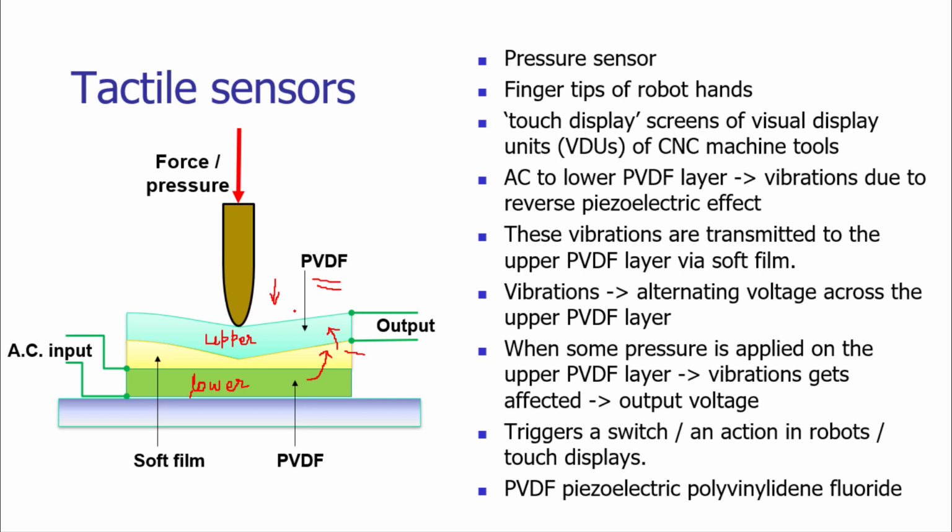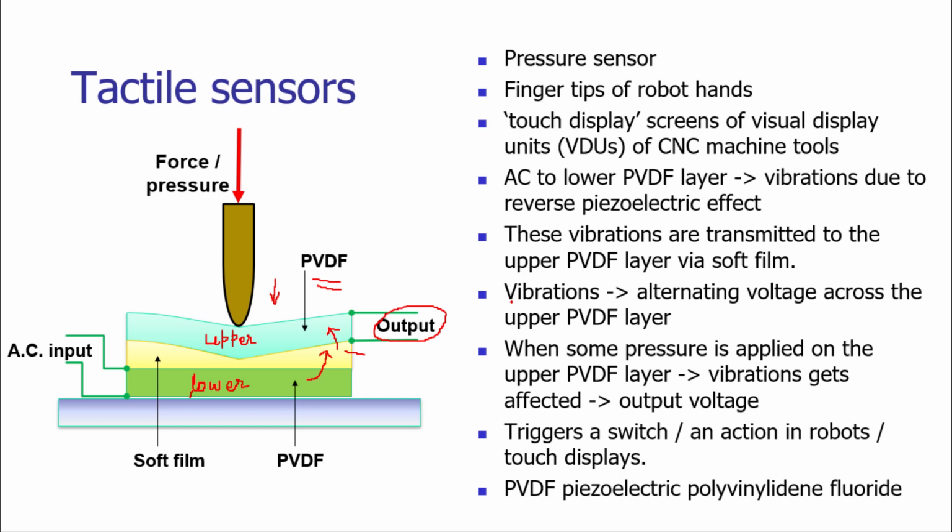As the vibrations are getting disturbed, there is change in output. So the change in output with respect to the application of force or pressure is calibrated in the laboratories. Information will further be utilized to take the necessary decision or the action.